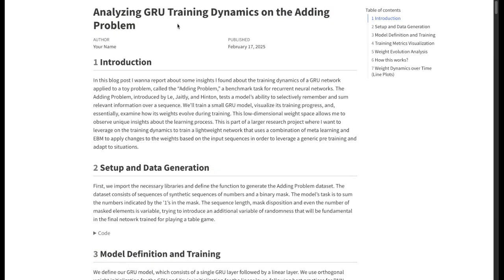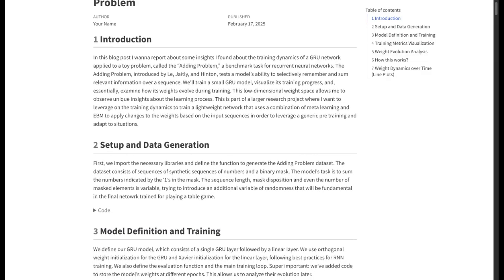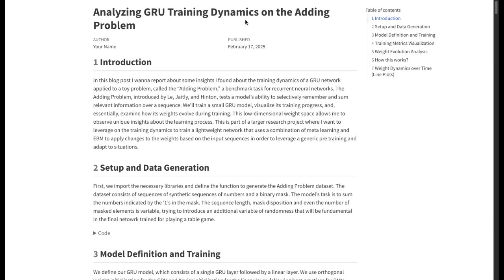I just Googled for toy datasets to train at least gated recurrent units, and I trained one on this adding problem.